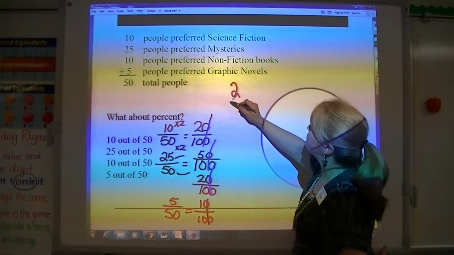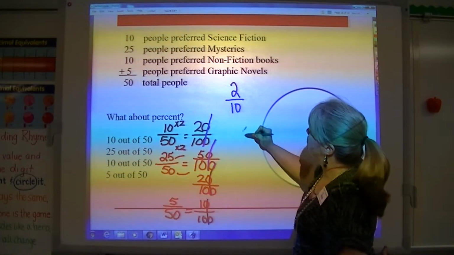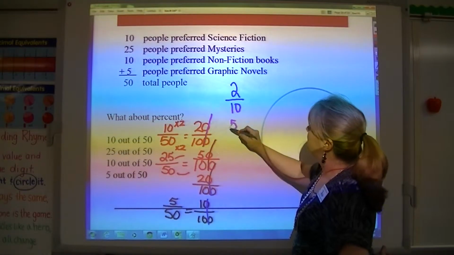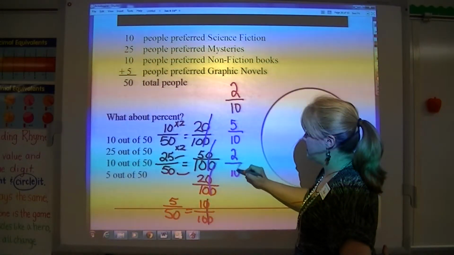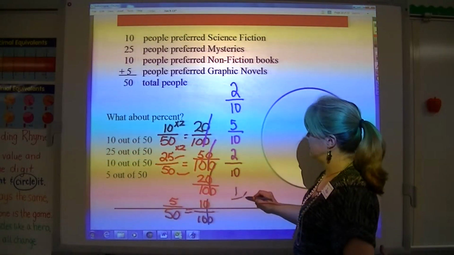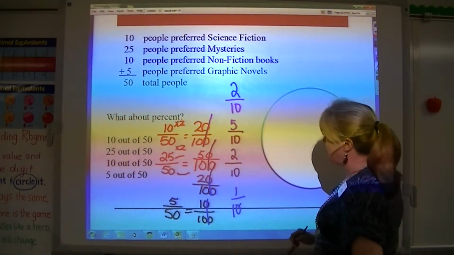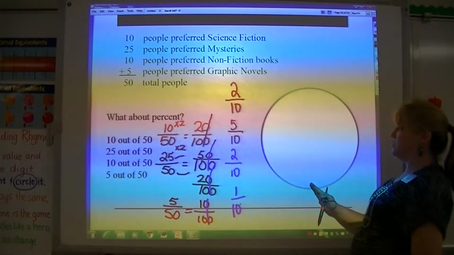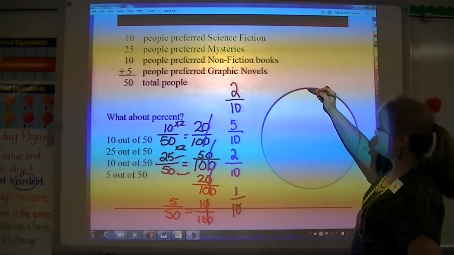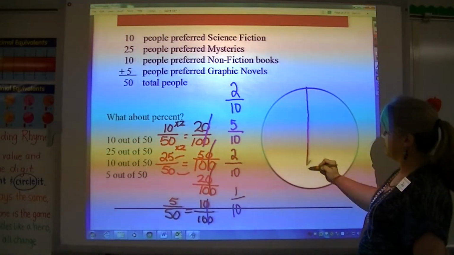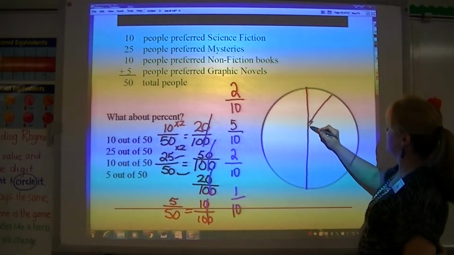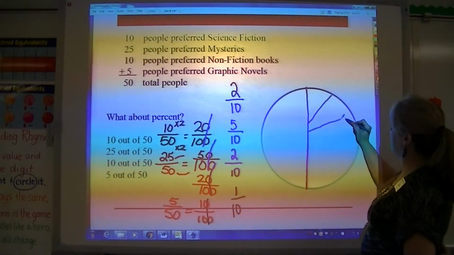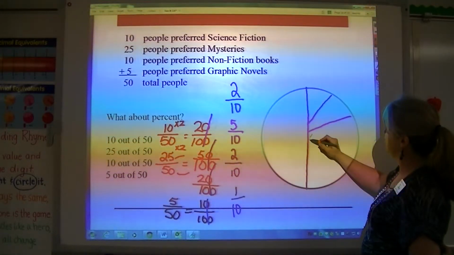Well, those fractions are much easier to work with. 2/10, 5/10, 2/10 again, and 1/10. So I can divide my circle into 10 pieces. Albeit not equal pieces.